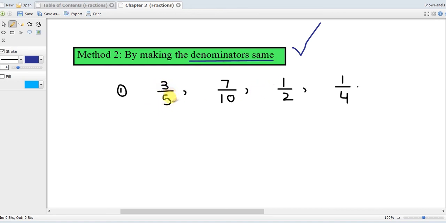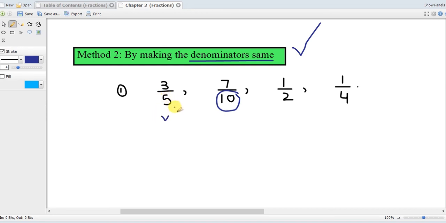Now focus on the denominator values. So these are 5, 10, 2 and 4. Now pay attention to the biggest number, which is 10. Now see whether we can make the other denominators 10 or not. We can make this 5 as 10 by multiplying by 2, so 5 times 2 is 10.